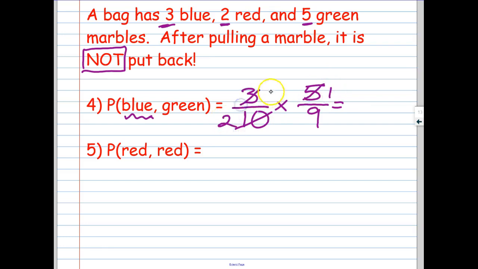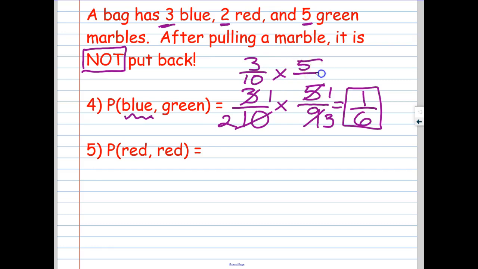Make life easier so you don't have to simplify later on. Like that. I would get a 1 in 6 chance. I'm actually going to rewrite it up here, and you are too, because I want you to be able to read what we originally put.